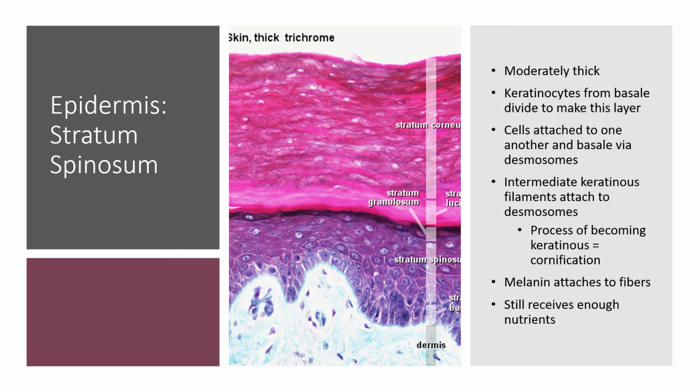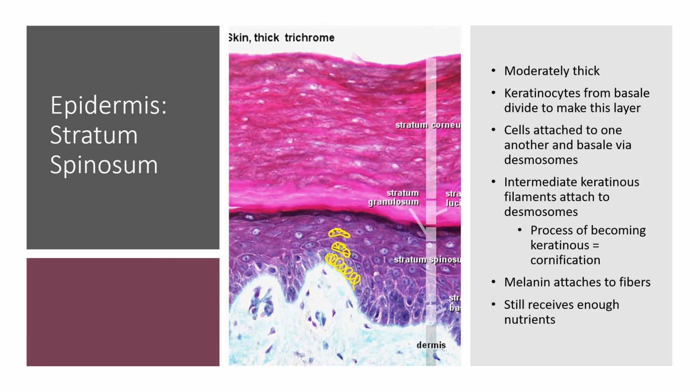Intermediate keratinous filaments attach to desmosomes. On the inside of those desmosomes, you have intermediate filaments that are made of keratin. Remember, when we talked about the cytoskeleton, intermediate filaments can be made of a lot of different things. In your skin, they're made up of keratin. You started making keratin down here, and as your cells divide and old ones get pushed up, they're making keratinous filaments.